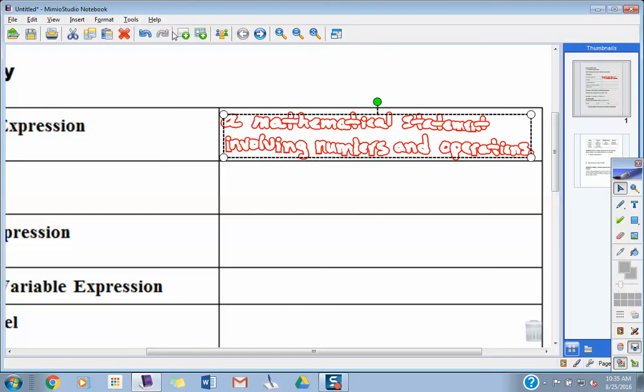So we have a mathematical statement involving numbers and operations.